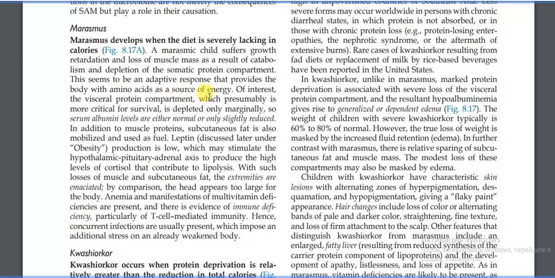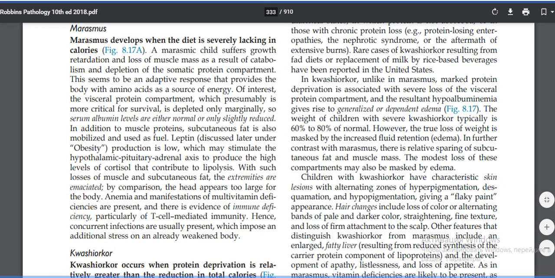The visceral protein compartment, which presumably is more critical for survival, is depleted only marginally. So serum albumin levels are either normal or only slightly reduced. You see that this is the case in marasmus. We have a pretty similar deficiency of all nutrients, doesn't matter which nutrient it is, and that's why all components are reduced.